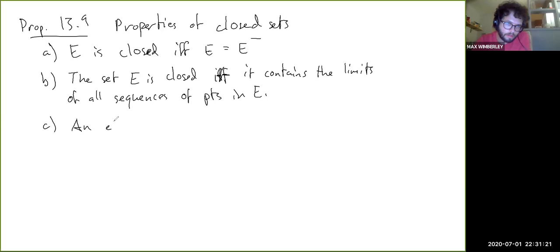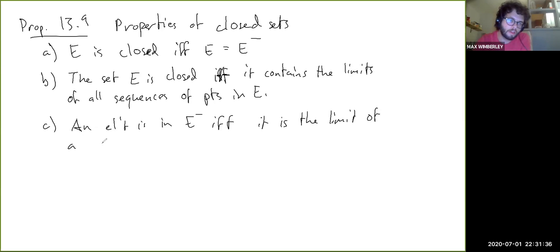An element is in the closure if and only if it is the limit of a sequence of points from E. And a point is in the boundary of E if and only if it belongs to the closure of both E and its complement.